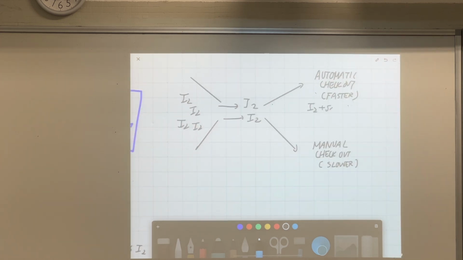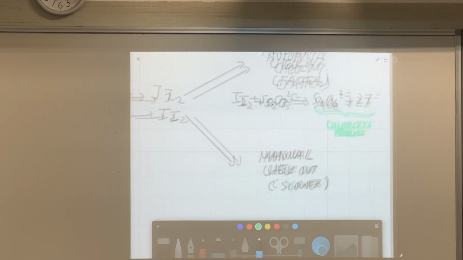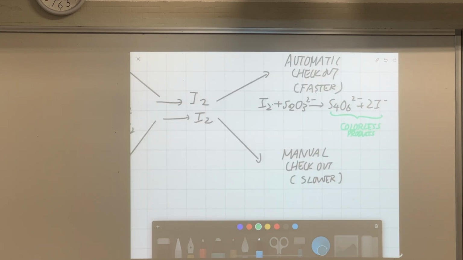Iodine would at first react with S2O3 2-, so thiosulfate. Iodine would want to react with thiosulfate first to form the colorless I minus and S4O6 2-. So can you put down that these are colorless products? This is why, for a moment or two when you watch that video just now, the initial reaction mixture, even after he mixes it, still appears colorless.